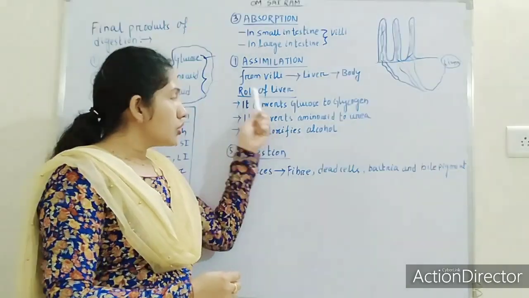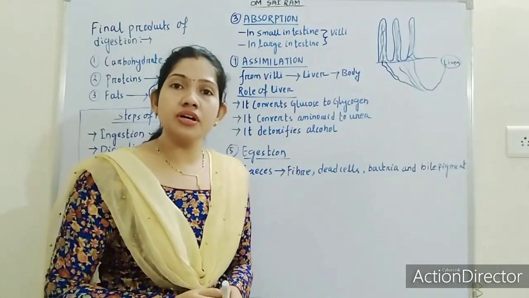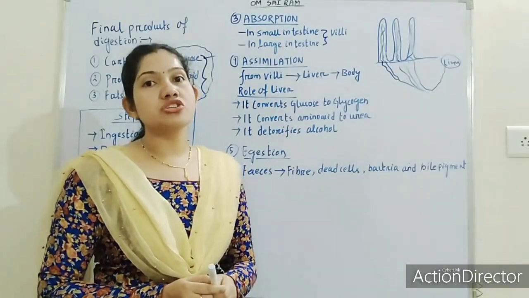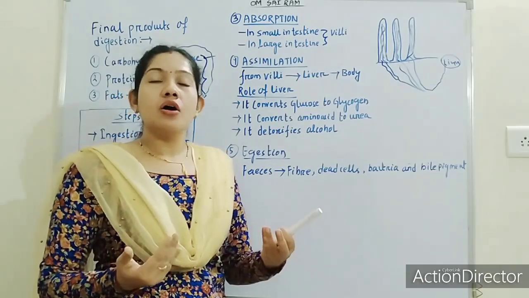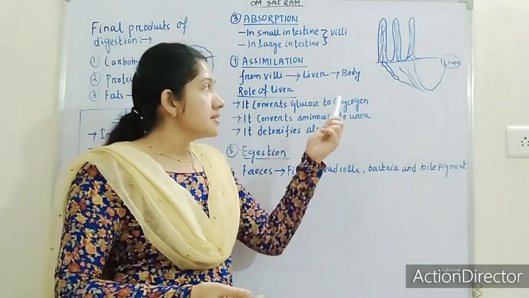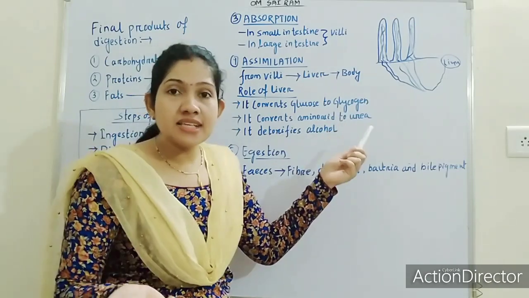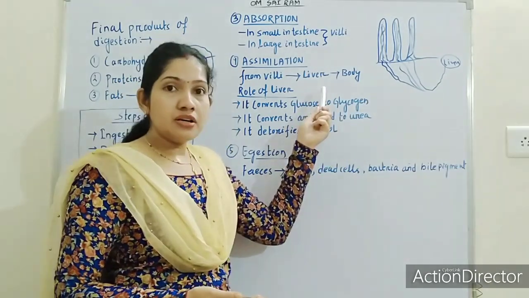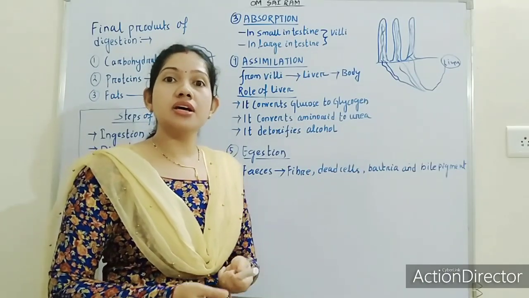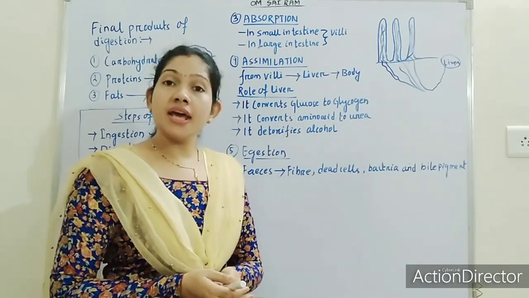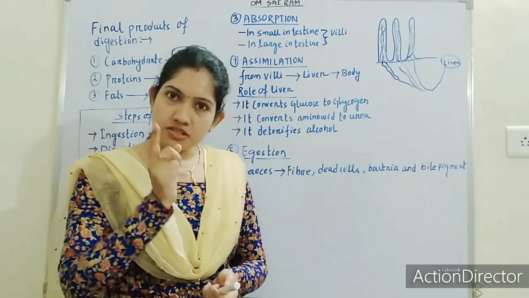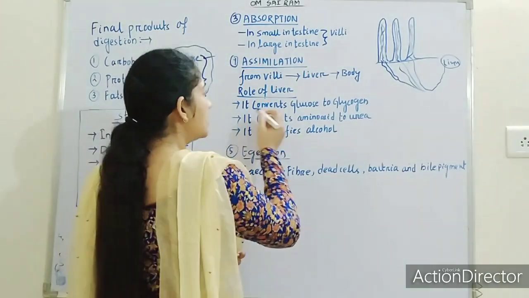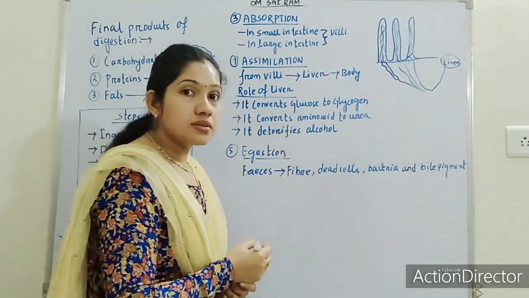Okay, so let us discuss the role of the liver: how the liver undergoes assimilation, and what things are done by the liver, so that we can say the liver is the place where assimilation takes place. Number one, it converts glucose to glycogen.